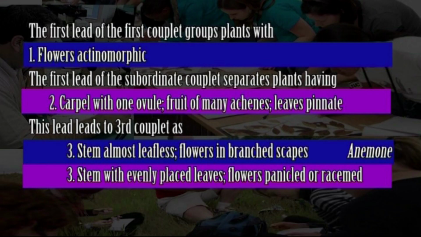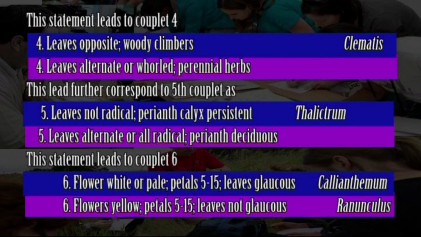This lead leads to couplet 3: stem almost leafless, flowers in branched scapes, which refers to Anemone, and its second lead is stems with evenly placed leaves, flowers panicled or racemed. This statement leads to couplet 4, which has leads as leaves opposite, woody climbers, which are the characters of Clematis, and the second lead moves as leaves alternate or whorled, perennial herbs.